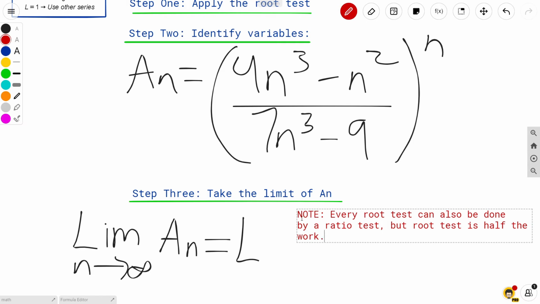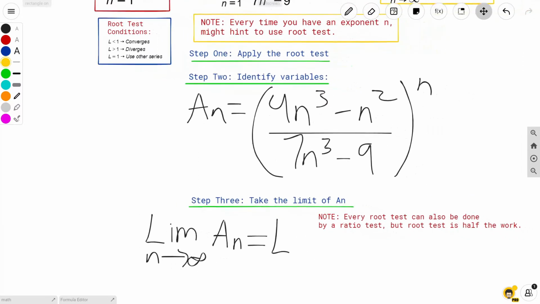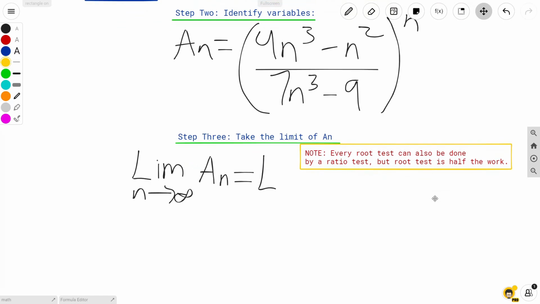That's why it's always good to recognize what kind of form you have. That's really how series is: just recognizing what kind of series you have and applying the certain property. So in this case, we have a root test. I know a ratio test will also get the same answer, but I want to make life easy for myself and apply the root test.